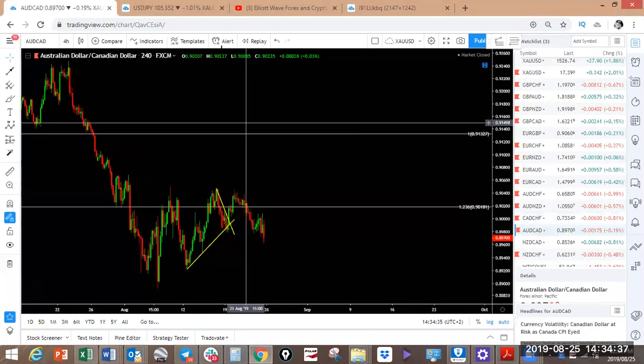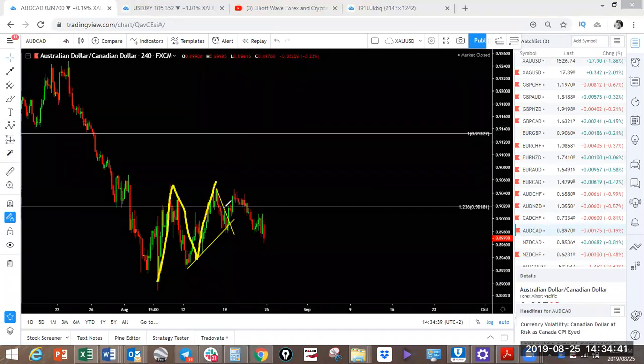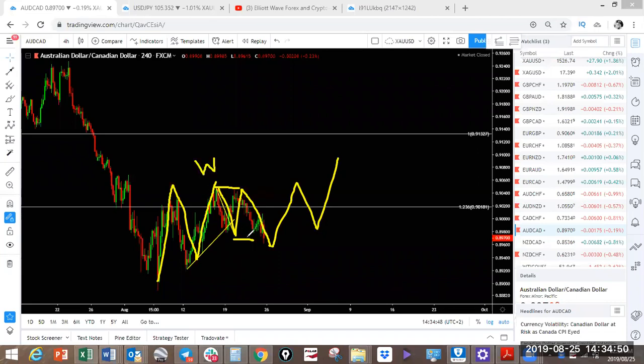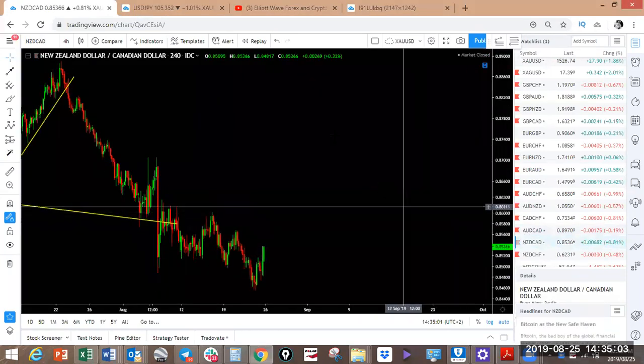AUDCAD, 3 up, 3 back. And this will be a W for the first one, an X, and then a Y for the one that we're focusing on here. Then continuation to the downside. That's AUDCAD.